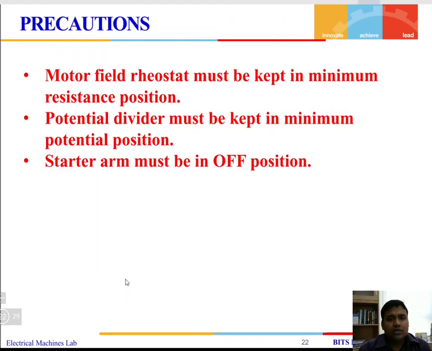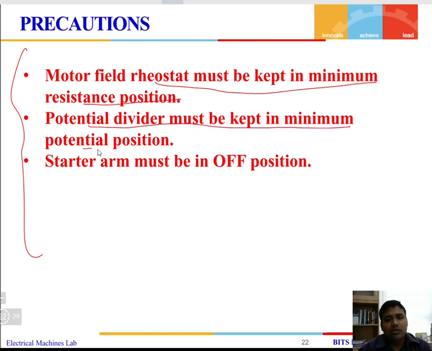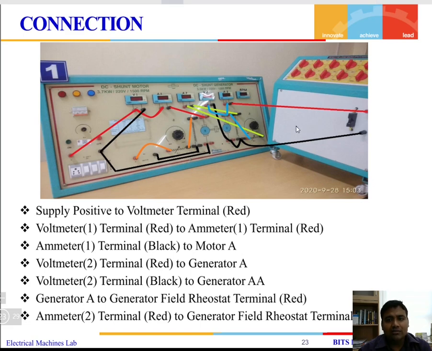Now perform the experiment with this precaution: the motor field rheostat must be kept in the minimum resistance position, the potential divider must be kept in the minimum potential position, and the starter arm must be in the off position. Here you have the load that you have to connect with this setup. The motor part will remain the same, whereas in the generator part you have to make some connection with the load.